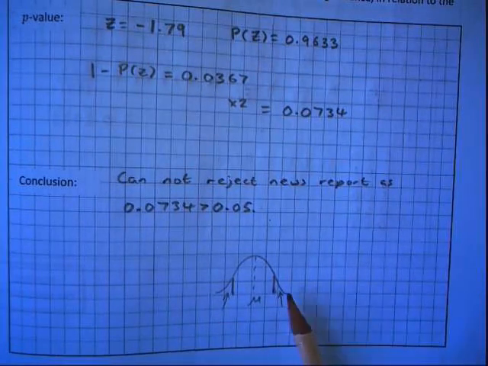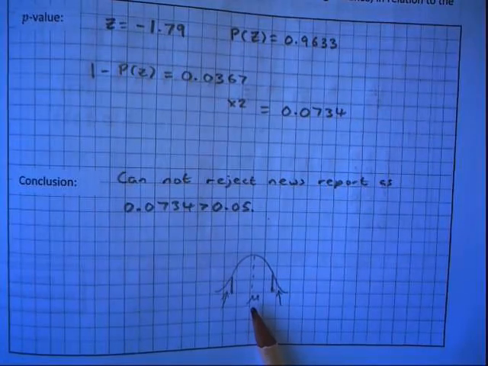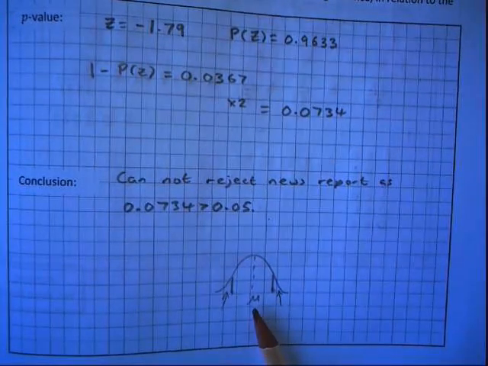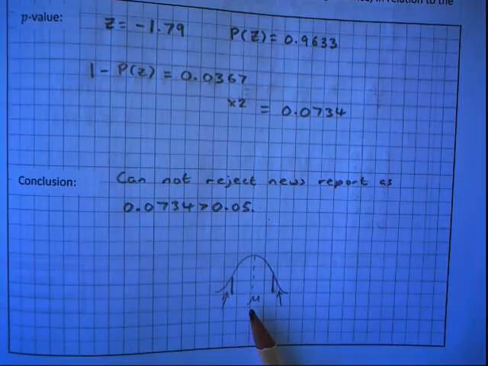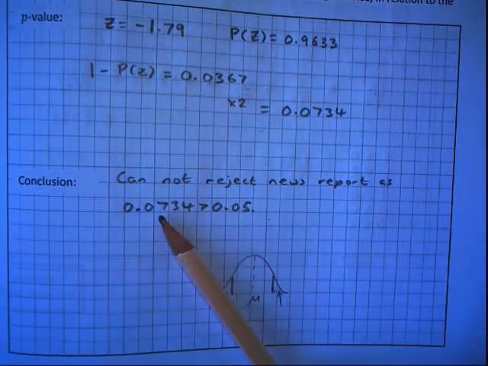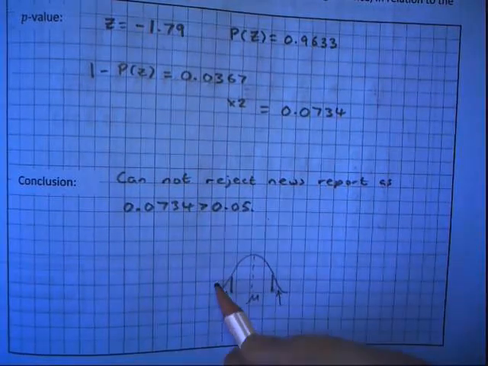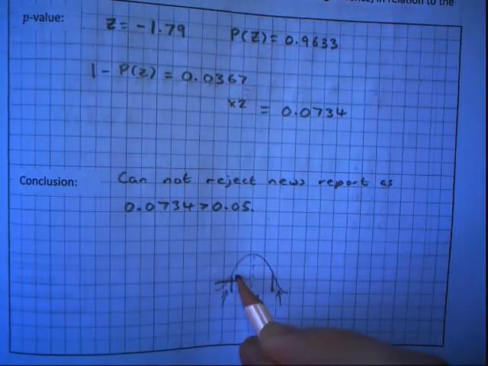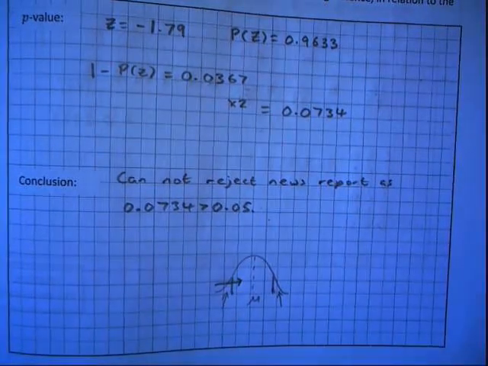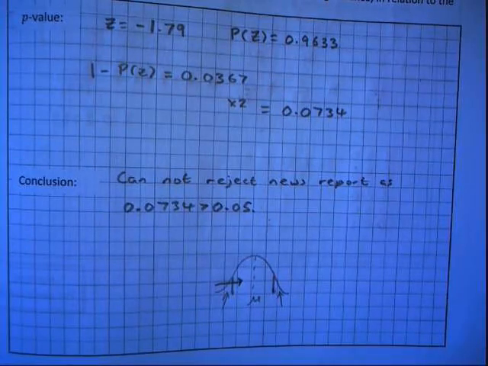So if you're in the outside 5%, you're far away enough from here to be able to say, well, it's changed. It's no longer the 21 hours what it was at the top. It's now different. Okay. Now, because this 7% is bigger than 5%, what that means is you've actually come in further than the 5%. So it means you're actually closer to the mean than you would have to be able to say, okay, we're going to reject.